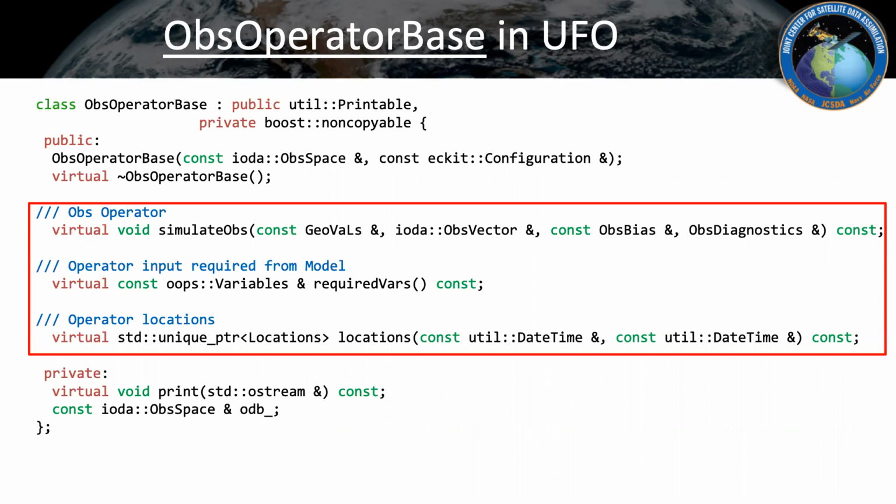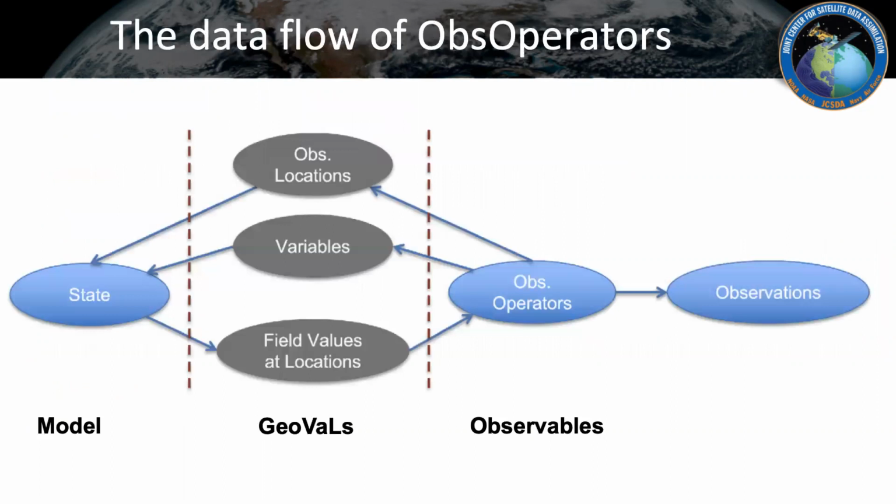Or basically, these functions all look about the same. So those are all denoted with that virtual text that you can see on the slide. So every operator has a simulate obs function, which actually runs the operator. Every operator also returns the list of variables that it requires to do its job, and so on.